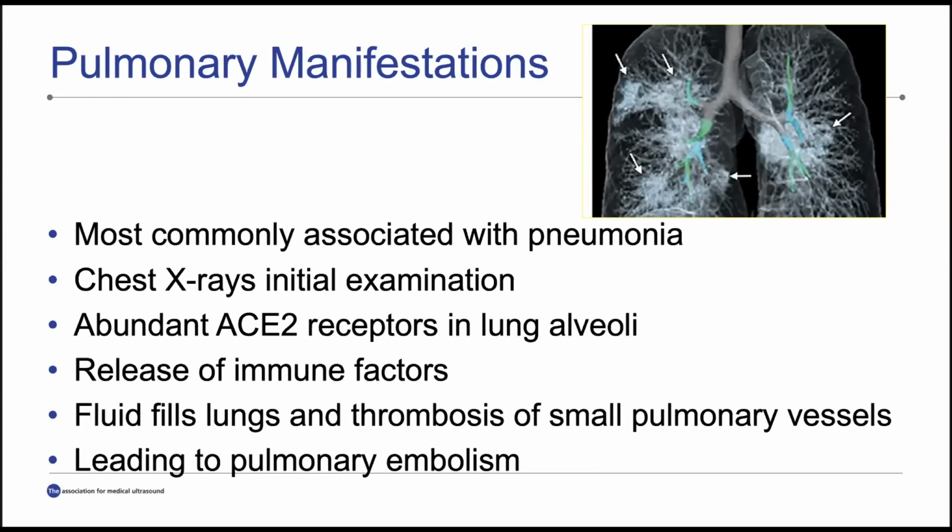Once in those cells, there was the release of immune factors, cytokines, and then the infection would begin. The fluid would fill the lungs, where we would get all these infiltrates and patchy opacities, and result in thrombosis of these small intrapulmonary vessels. And of course, this could then lead to pulmonary embolism.